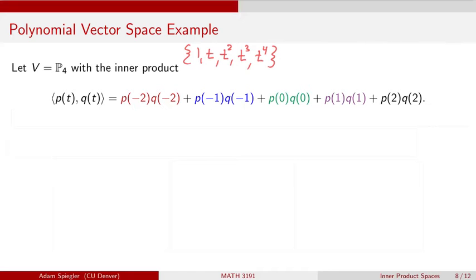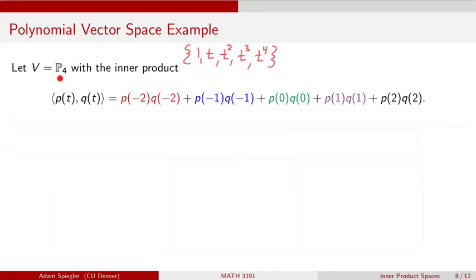There's nothing special about these values, other than they're pretty small and simple to work with. But we could have chosen any 5 distinct values, and that would give us a different inner product, but we would have an inner product space nonetheless.